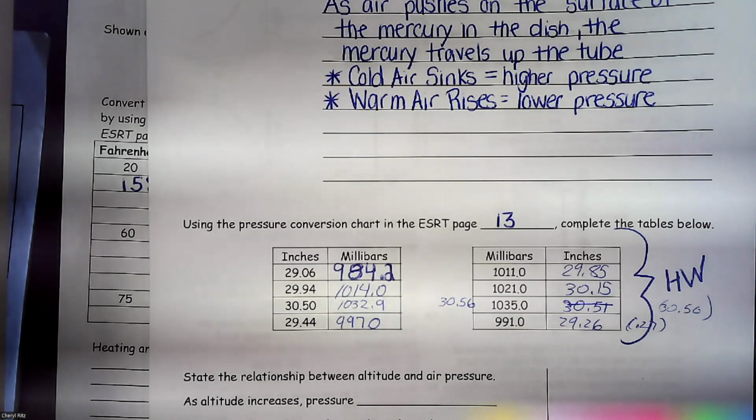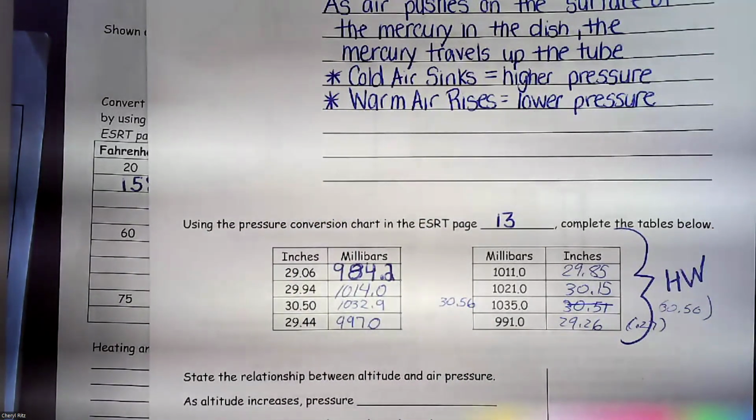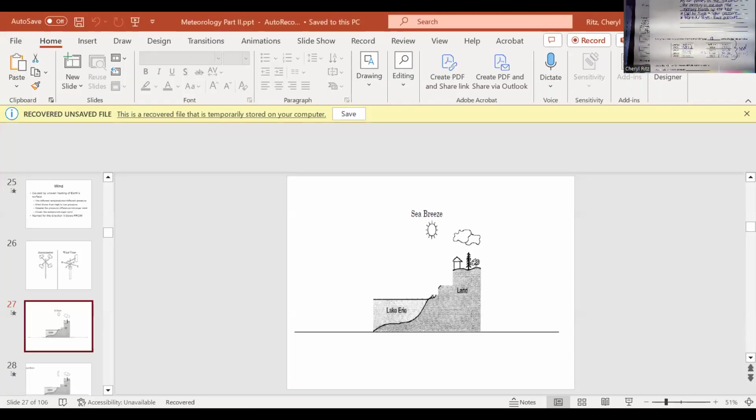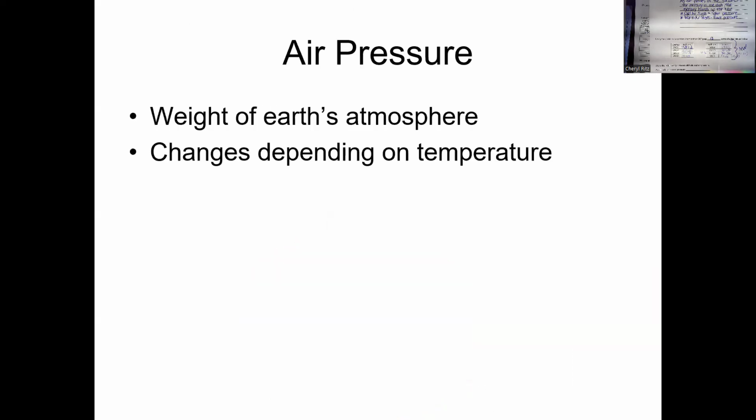I want to go back a little bit and talk some more about pressure. One thing that we did yesterday was we wrote the definition of air pressure. Hopefully you wrote these two bullets for air pressure. If you haven't already, at the top of your page, these are the two bullets that go in.